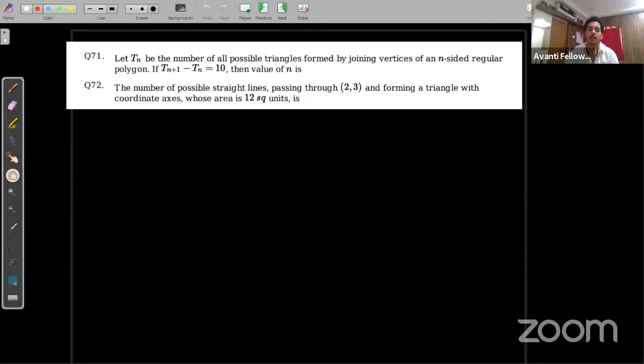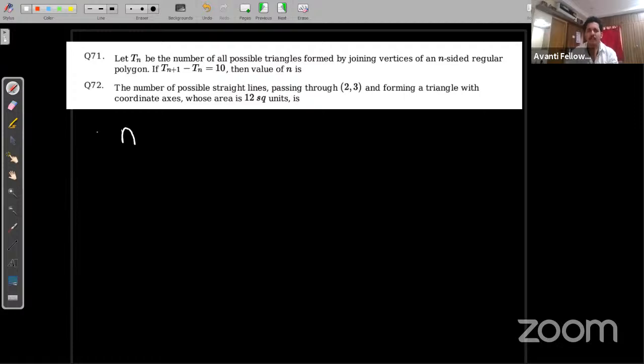So look at here, guys. What is the number of all possible triangles to form a polygon? For my triangle, I will have 3 sides, right? So for forming a triangle, I require 3 sides. N-sided polygon means it could be 5, it could be 6, it could be 7, any sided polygon he's talking about. So it is very simple here.